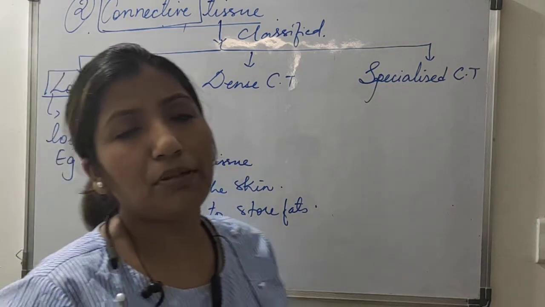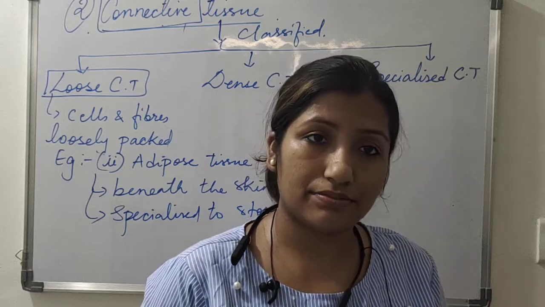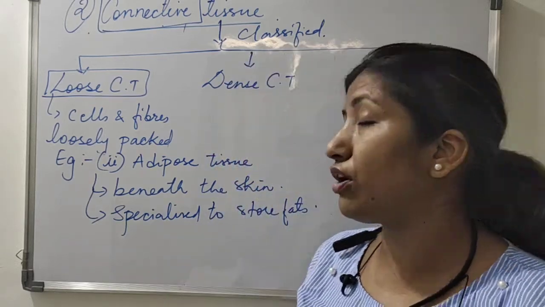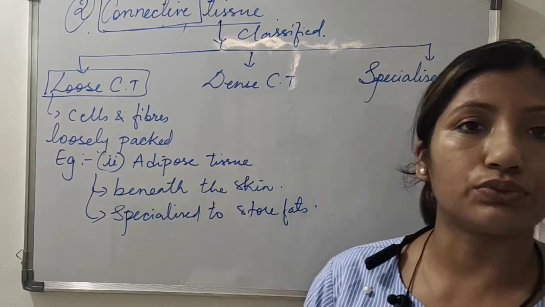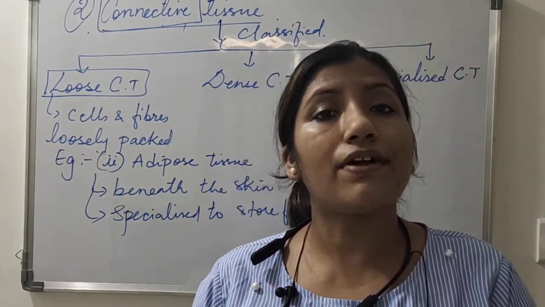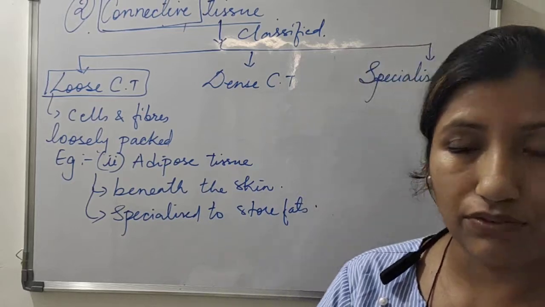So right below our skin we have a fat layer. That fat layer is made up of adipose tissue, and adipose tissue is made up of adipose cells, which are fat cells.